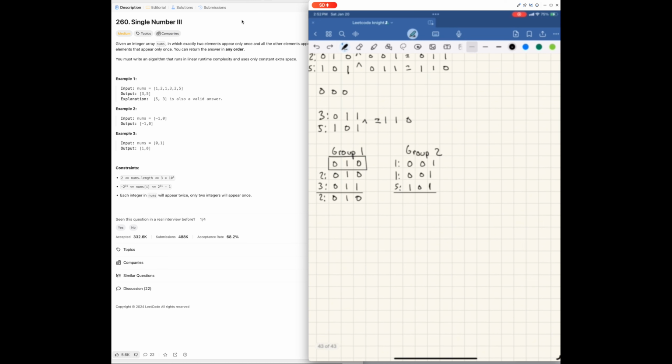So we're going to do XOR of 3, which is 0, 1, 1, XOR 1, 1, 0. And we get 1, 0, 1. Hang on, what does this look like? Well, right here, you can see it's 5.